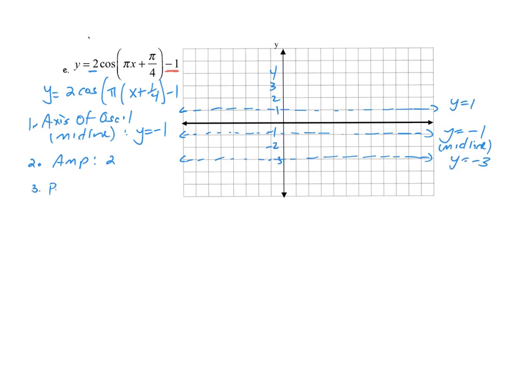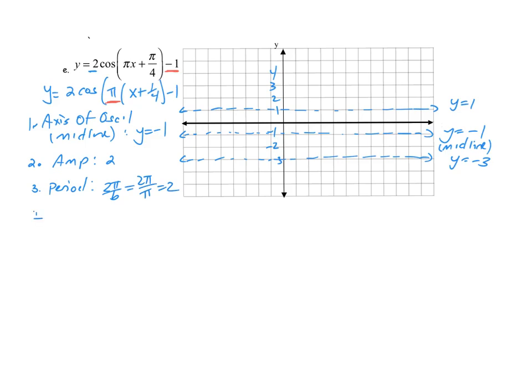Next thing we want to figure out is the period. The period is 2 pi over b. B for this function is a different case. We haven't had one like this. B is actually pi. So we're going to have 2 pi divided by pi, which is 2. So the period is not a multiple of pi.